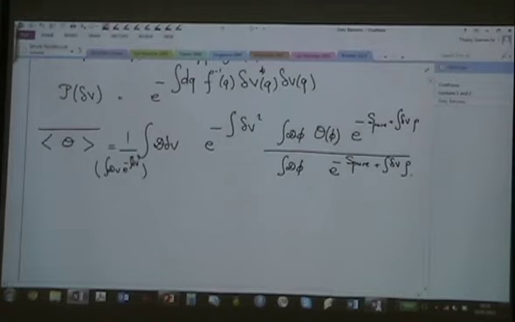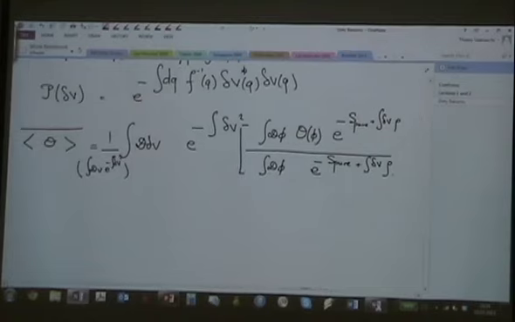And now I have problems. I have one question. Is the denominator still in the exponential? No, so this is a factor. The exponential is only the probability for the disorder, and then it's multiplied by this ratio.